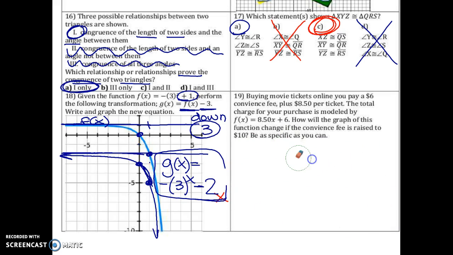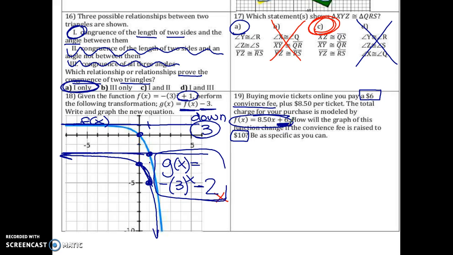Number 19, buying movie tickets online, you pay $6 convenience, $8.50 per ticket. The total charge, it gives us the equation. How will the graph of this function change if the convenience fee is raised to $10? So the convenience fee was 6 up here, and that's this number right here, 6.